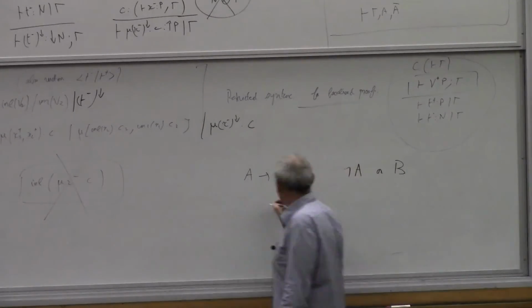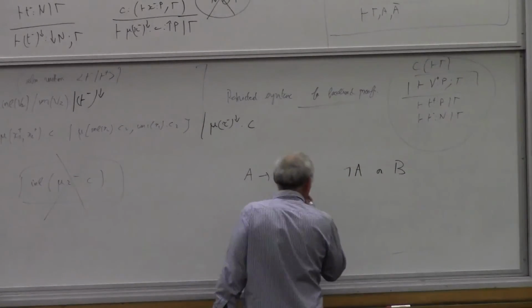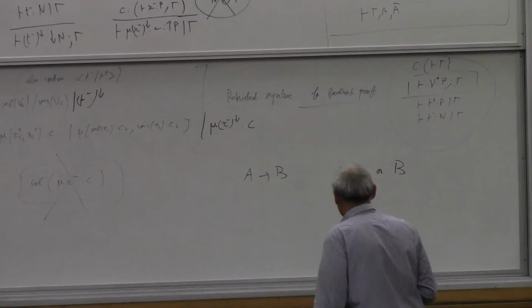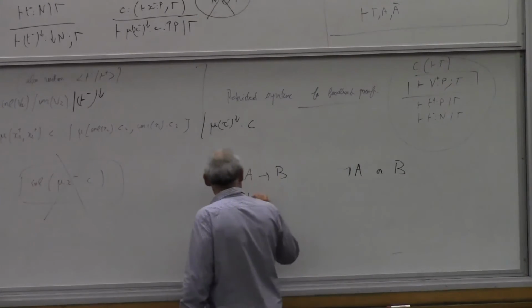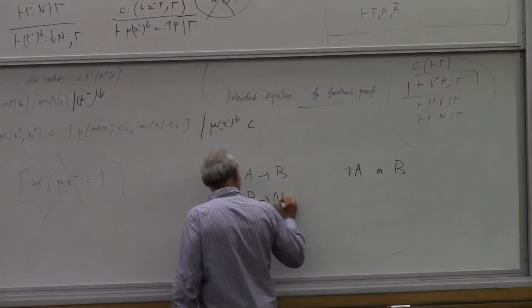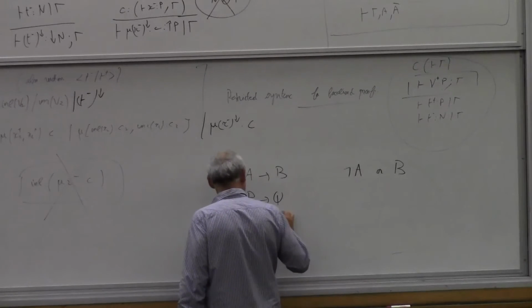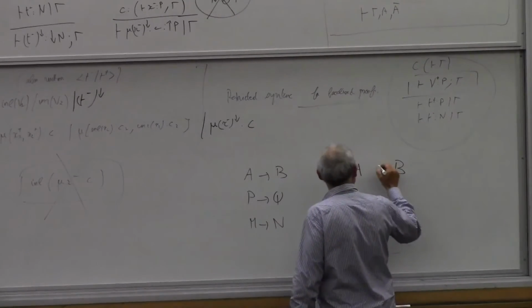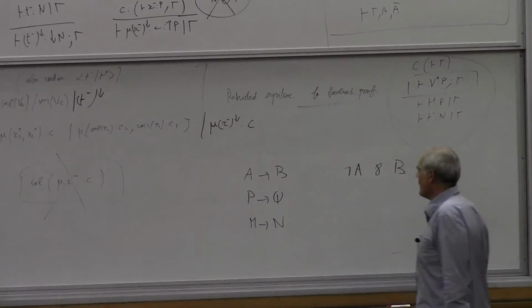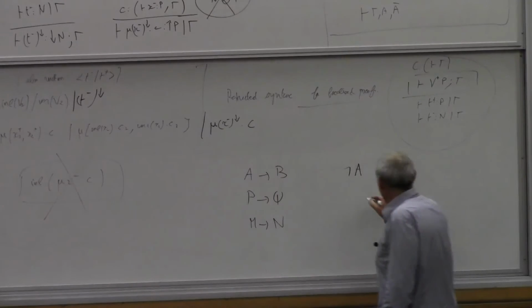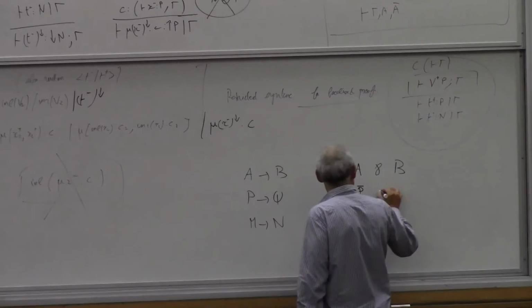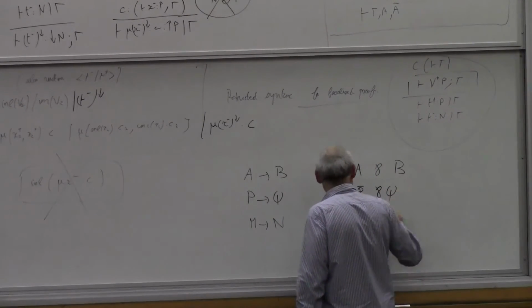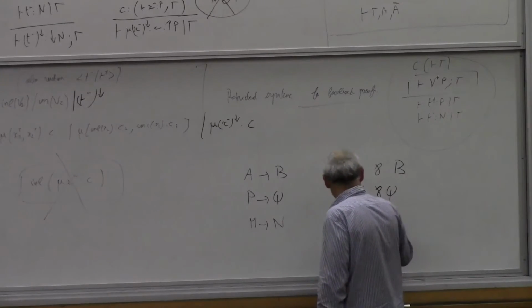And the question is, I can do this in a positive way, and I can do this in a negative way. So this OR is going to be a par. So I will try to write P bar par Q, and I will try to write M bar par N.